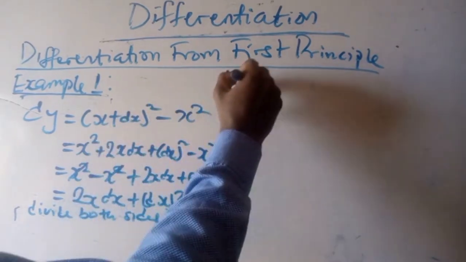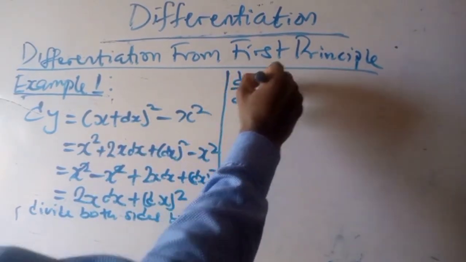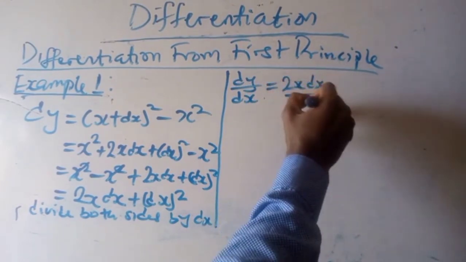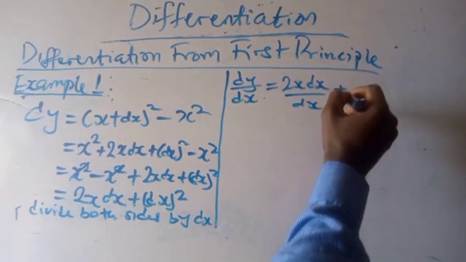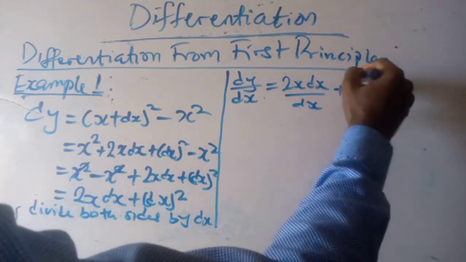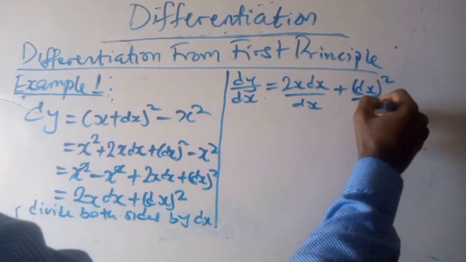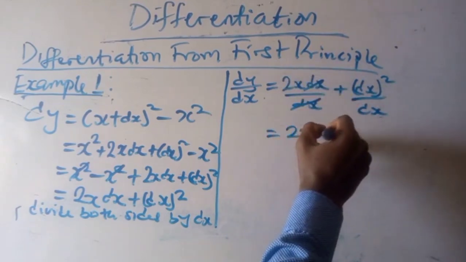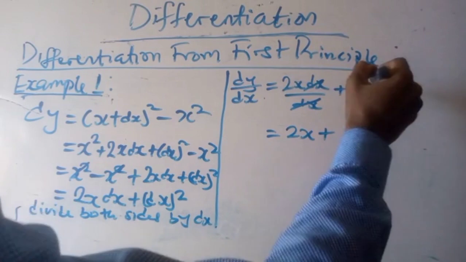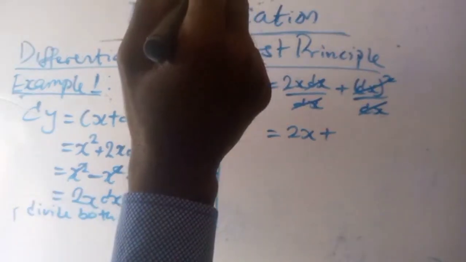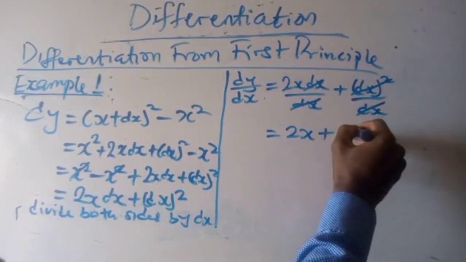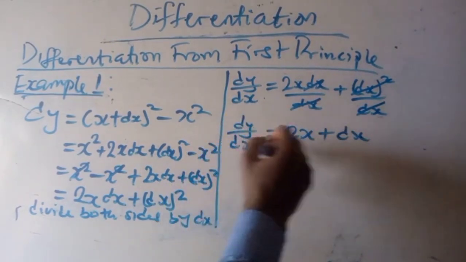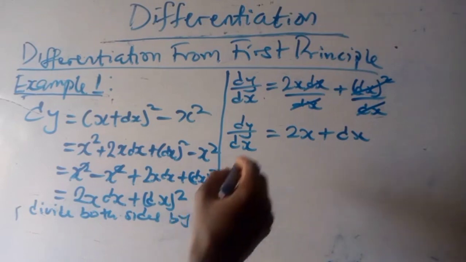So we have δy divided by δx is equal to 2x δx divided by δx plus δx squared divided by δx. What do we have? 2x plus δx squared divided by δx gives us δx. So δy/δx equals 2x plus δx.